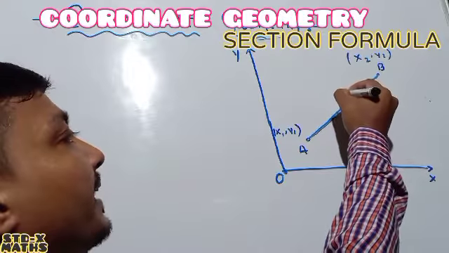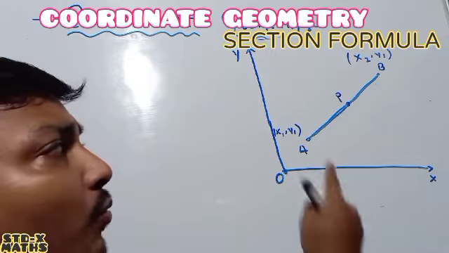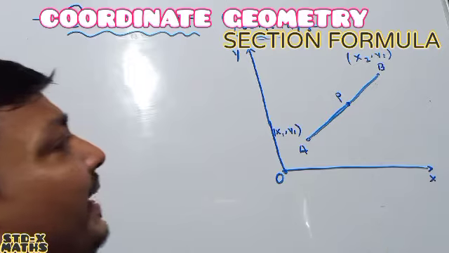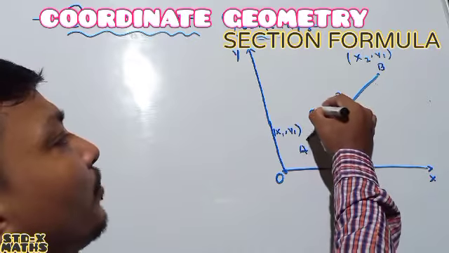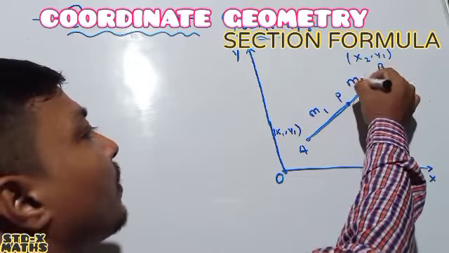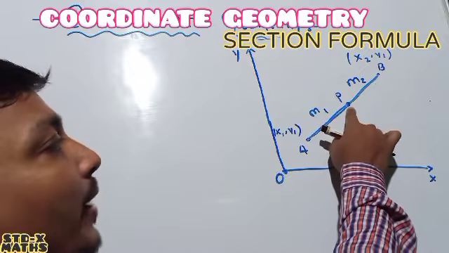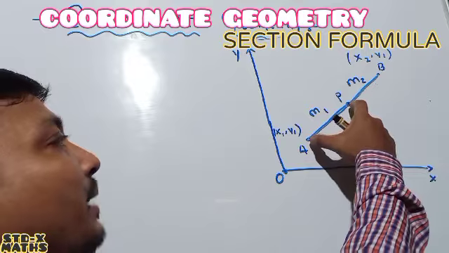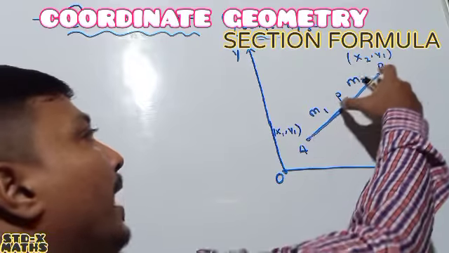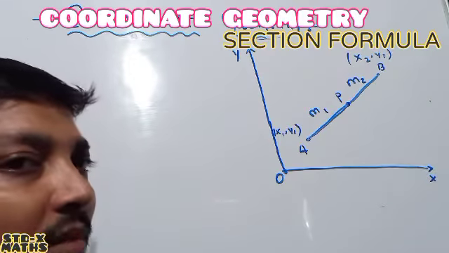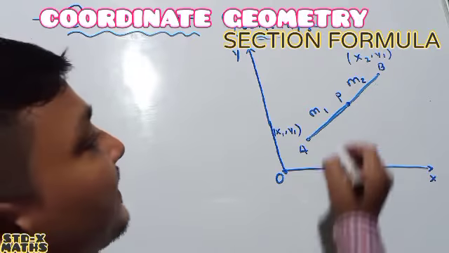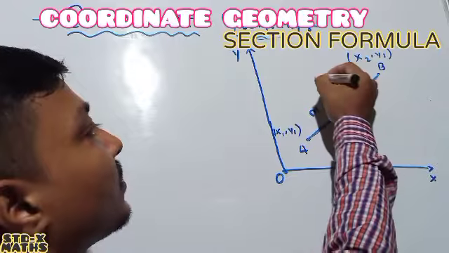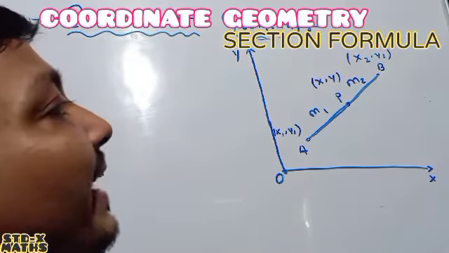Suppose the name of the point is P. You have to find the coordinates of the point P such that AB is divided into m1 is to m2, so that point P divides AB in the ratio of m1 divided by m2. Perfectly understood? Listen, suppose the coordinates of P are x, y.